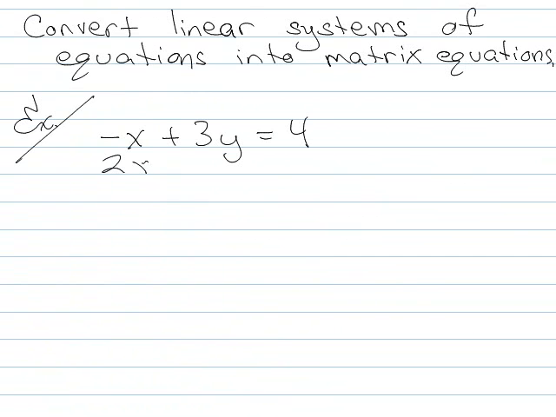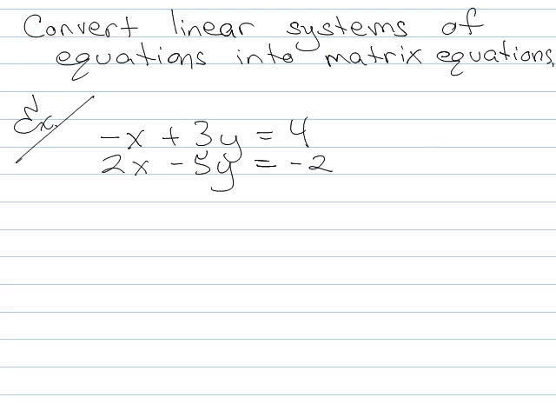And then 2x minus 5y equals -2. Like that. Okay. What we're going to do is rewrite this as multiplying matrices together.